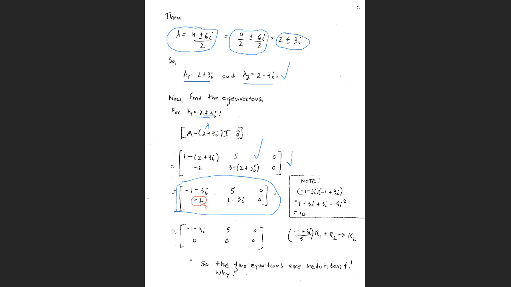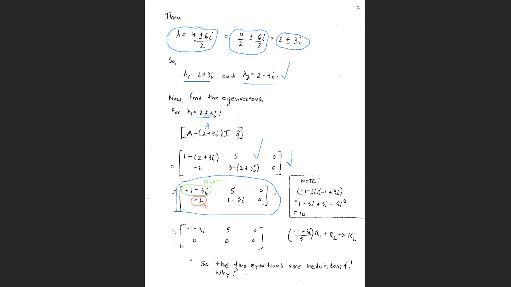That's going to be my pivot. Now I could switch the equations so that the -2 is my pivot, but let's just do it this way.